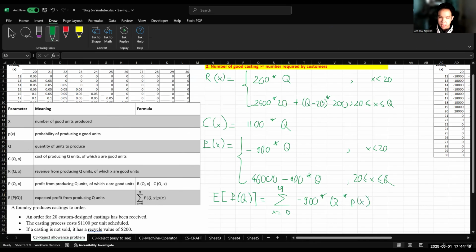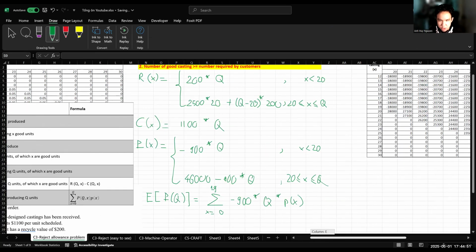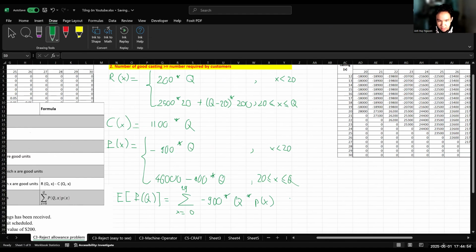And for x from 20 to Q, you will have 46,000 minus 900Q, and multiply by p(x), right? Remember to multiply p(x) for each term, okay? Otherwise, you will be wrong.